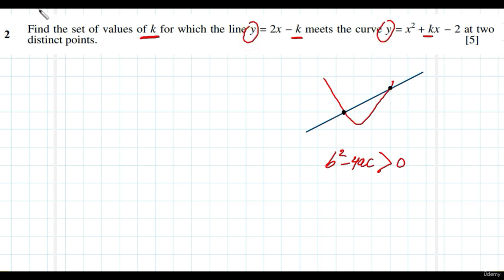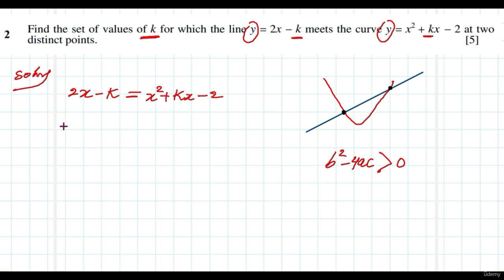So when we start to solve the question, we can say that both of the y coordinates are similar. It means 2x minus k equals x squared plus kx minus 2 at the two intersection points. Then we are going to simplify this equation in order to get the final quadratic equation. After getting the final quadratic equation, we apply the condition that we have talked about before.